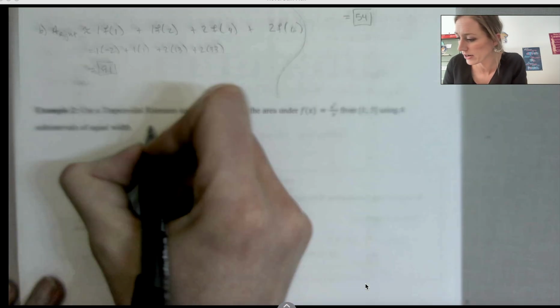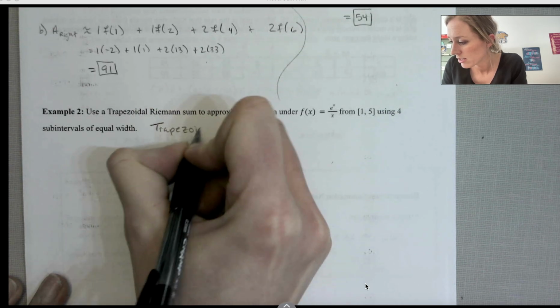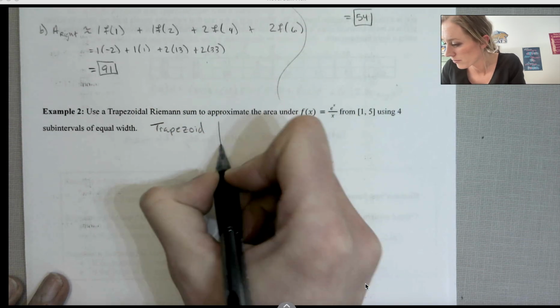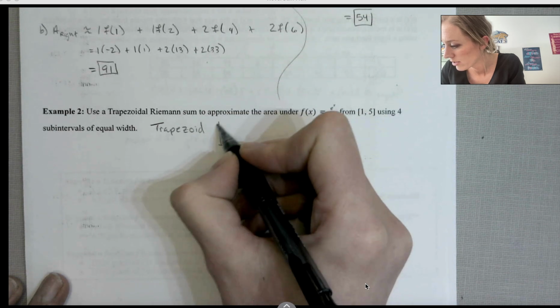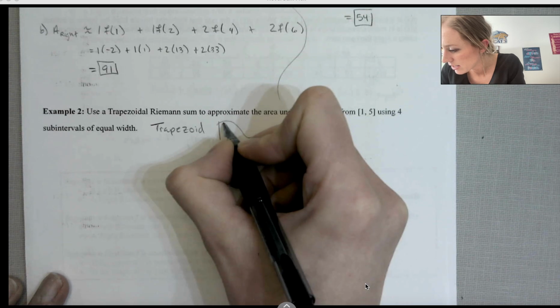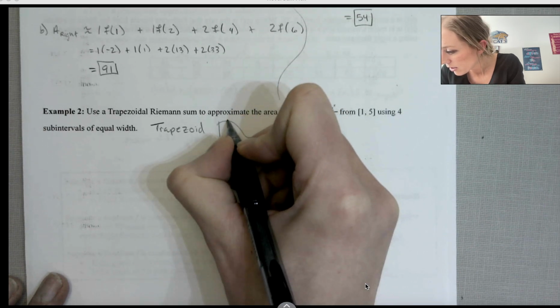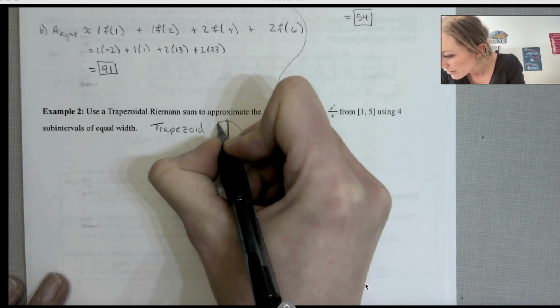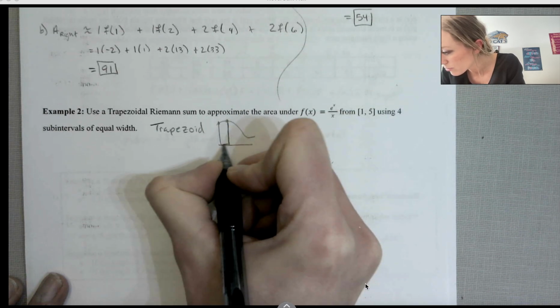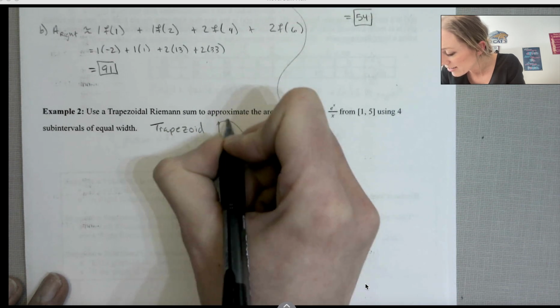As a reminder, for a trapezoid, I'm just going to draw. Let's say I have a shape here. Here's my delta x. This is one height and this is another height.